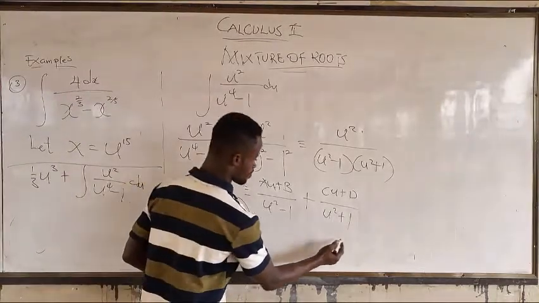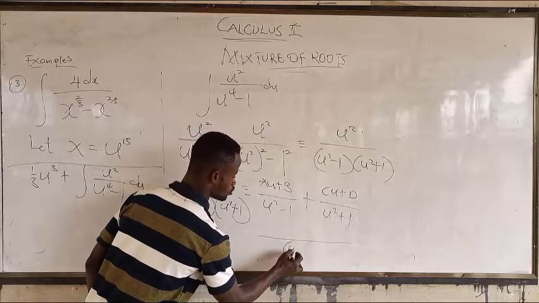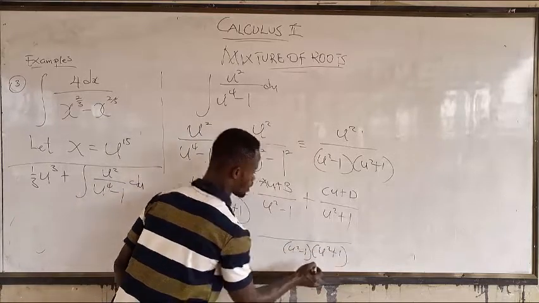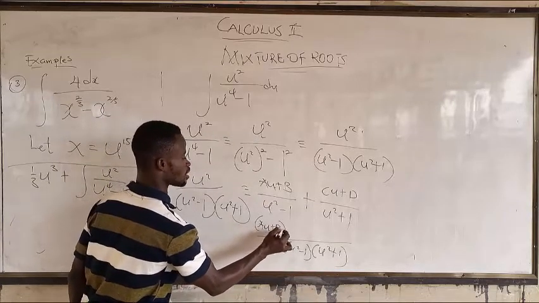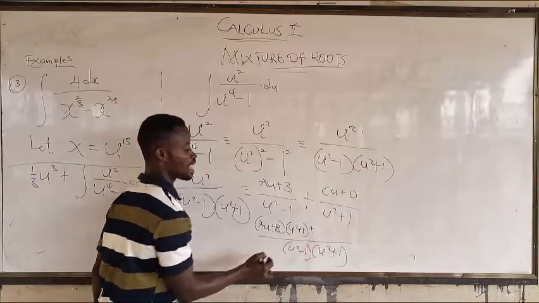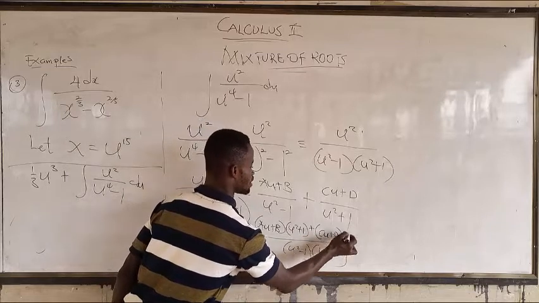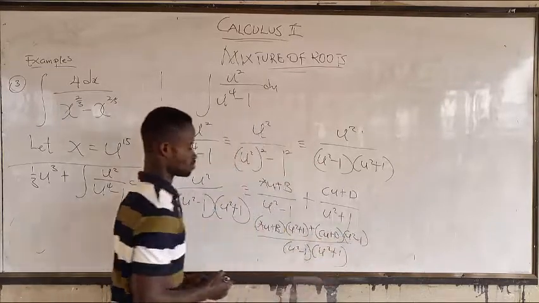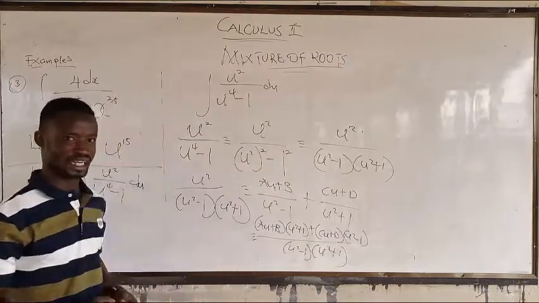And the LCM is going to be u square minus 1, u square plus 1. So you multiply au plus b by u square plus 1, plus, then you multiply cu plus d by u square minus 1. I hope you can see that. Very good. So that's going to be identical.